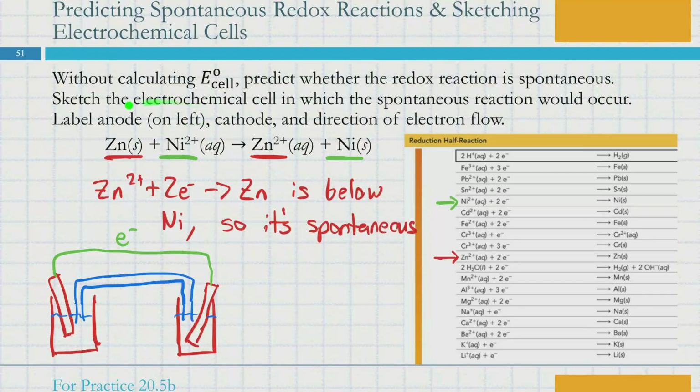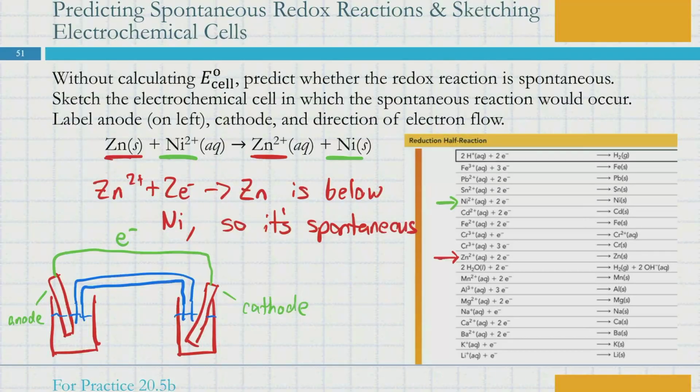We want our anode on the left and our cathode on the right. Just knowing that we have our anode on the left and our cathode on the right, which direction are the electrons flowing? What's happening at the anode?